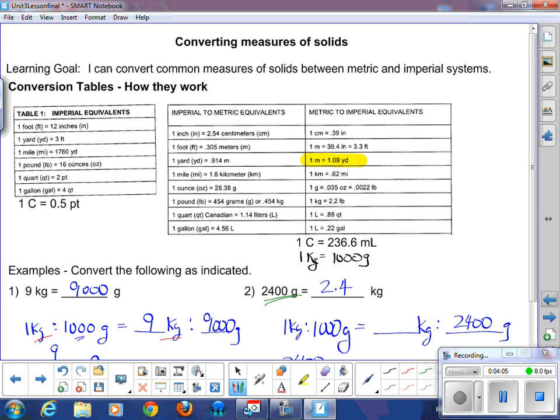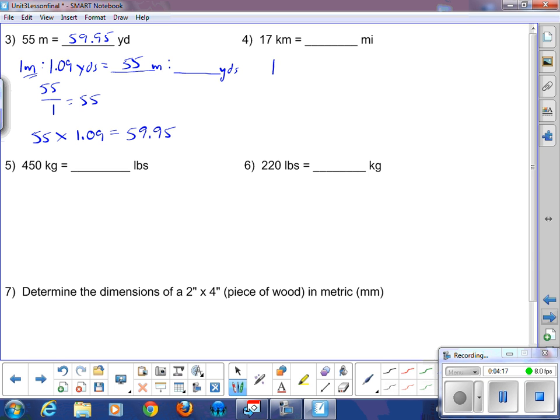Kilometers to miles. Again, looking at our sheet, we are looking for kilometers to miles. As we search through, there's kilometers to miles, 1 to 0.62. So 1 kilometer to 0.62 miles. When you set up the proportion, it's going to be in the same order, kilometers to miles.